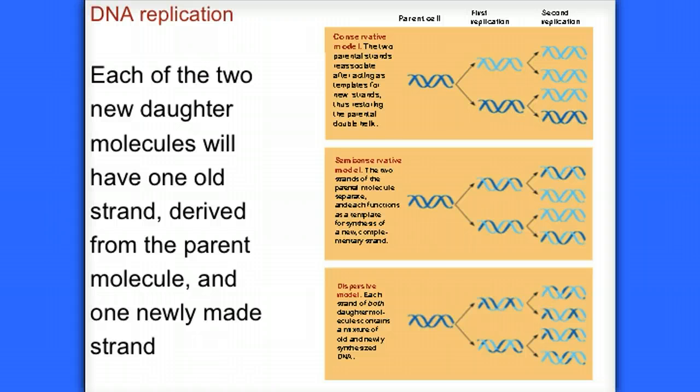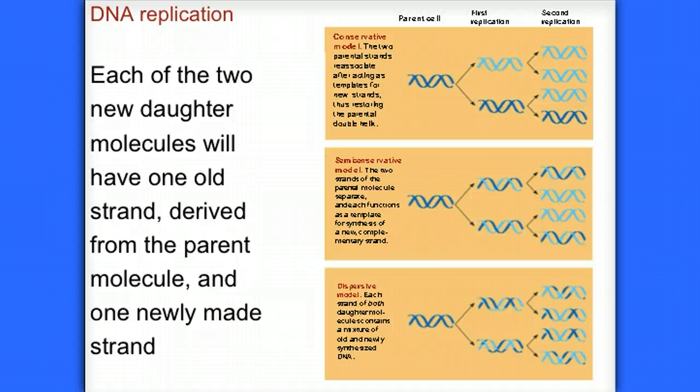These three kinds were actually hypothesized by famous scientists Meselson and Stahl, who ultimately proved that DNA replication is of the semi-conservative type. The two hypotheses of conservative and dispersive were proved wrong, because if it was conservative, then of the two strands formed, one should have the parental strand as such, but it was not like that.